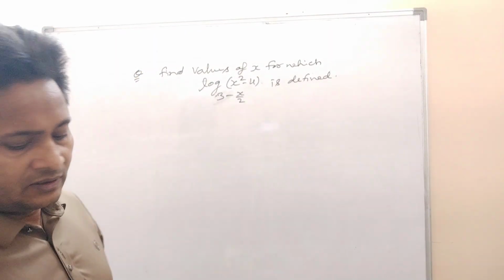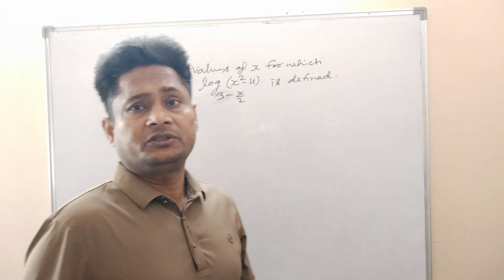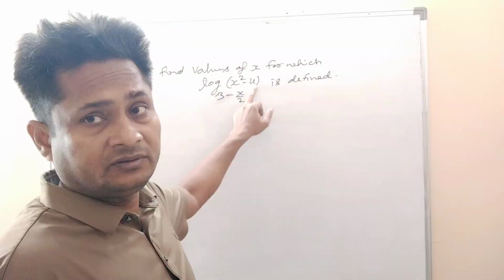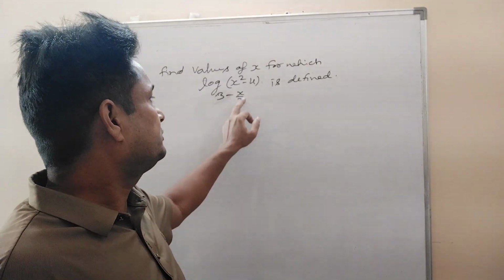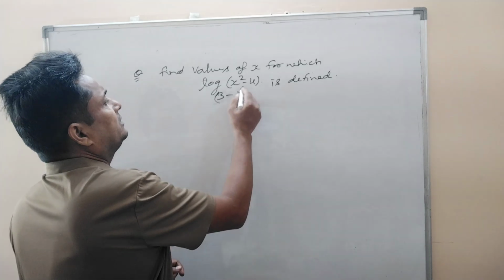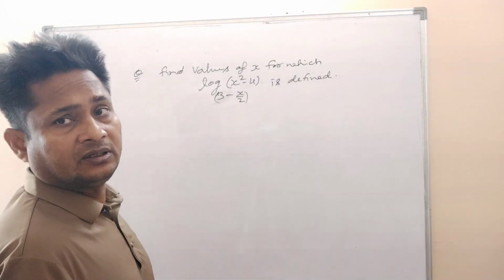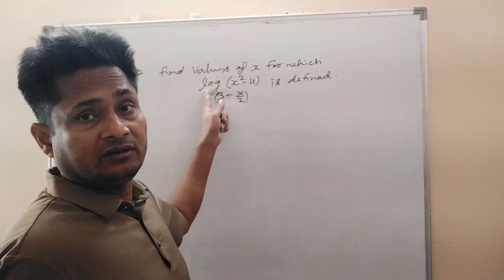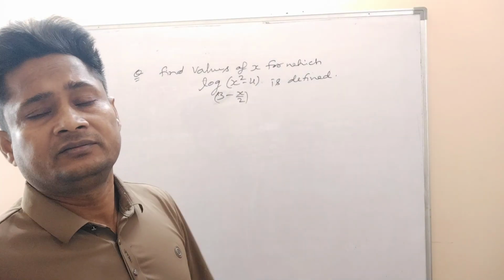Right. We are given this question here, log of x square minus 4 base 3 minus x by 2. This is the base, and this is the input. We have to find the value of x for which this log must be defined first of all.